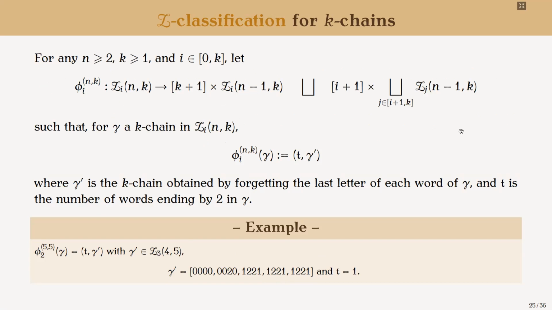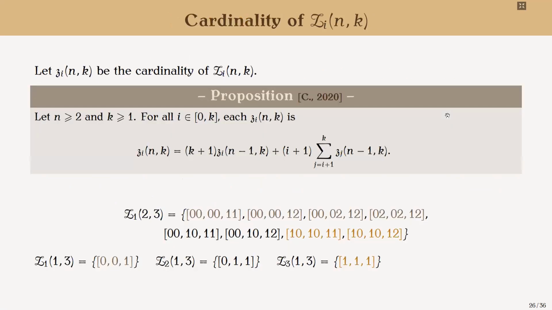So this bijection between this set and this set here allows us to describe the cardinality of all the sets of cation Zi. So we obtain this formula for the cardinality of each set of cation, depending on the parameters n, k, and i, of course.